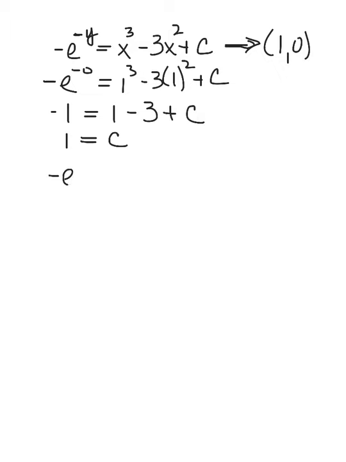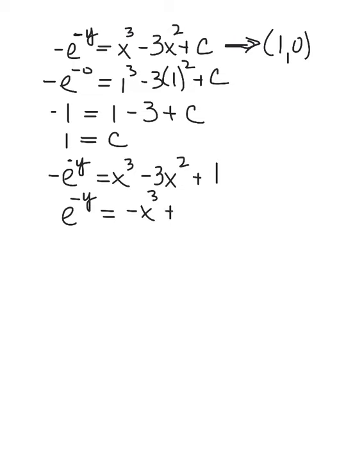Then let's go back to the top of the page, where we had negative e to the negative y equals x cubed minus 3x squared, and let's put in a plus 1. All right, I think the next step should be to get rid of that negative, so we're going to make this positive and then change all of these signs. e to the negative y equals negative x cubed plus 3x squared minus 1.